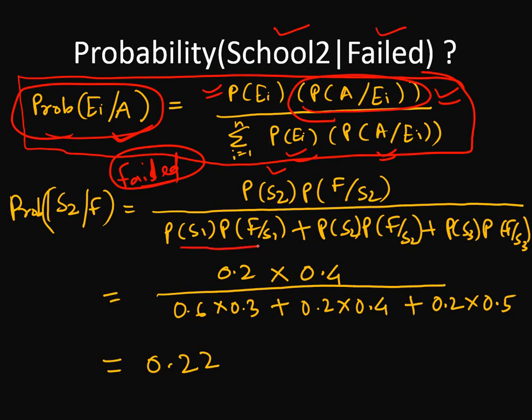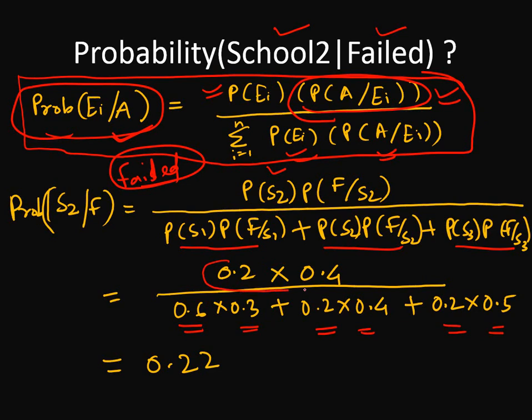Similarly for the other terms, we have just put the value from the previous slide. So it's 0.6. Probability of somebody directly picked from school 1 is 0.6, because 60% of the students are taken from school 1. And then the probability that somebody is failing in school 1 is 0.3. We multiplied that. Similarly we do that for school 2, and similarly we do that for school 3. So that's the total probability in the denominator.